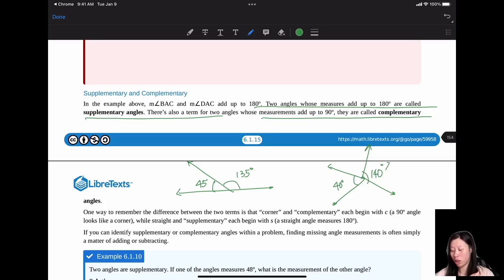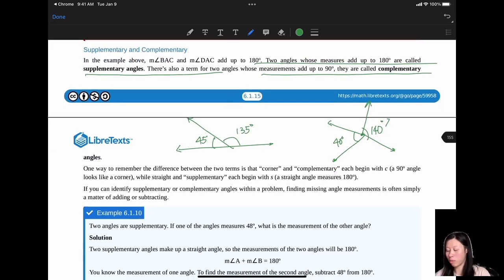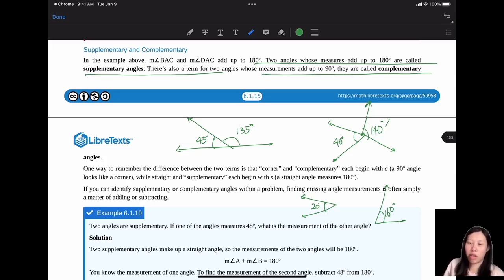They can just share one endpoint. Or sometimes you will see on the plane that these two angles don't share anything. They don't share an endpoint, a vertex, or a ray, but they're 20 degrees and 160 degrees, even though they're separate. These are still called supplementary angles. Similar idea for complementary angles: the sum of these two angles equals 90 degrees.